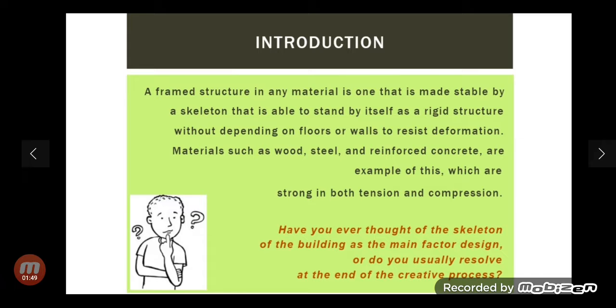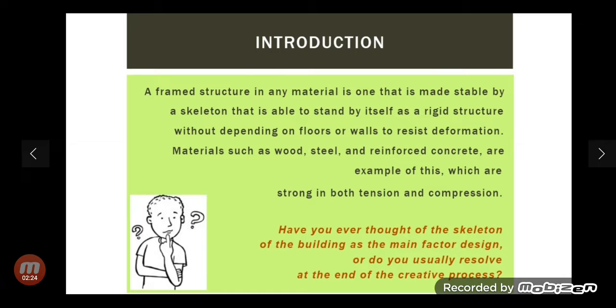Similarly, any framed structure with any material should be stable by its skeleton to stand by itself as a rigid structure, and should not depend on floors and walls to resist the deformation.